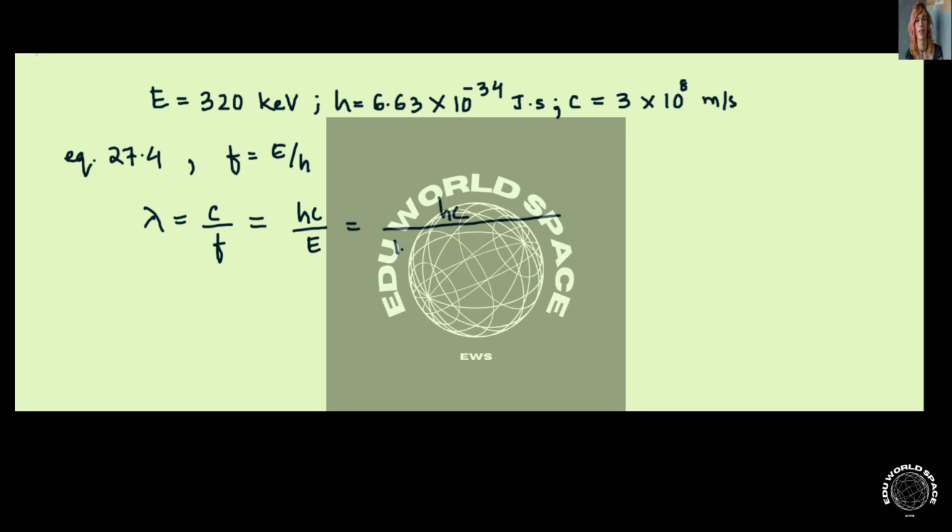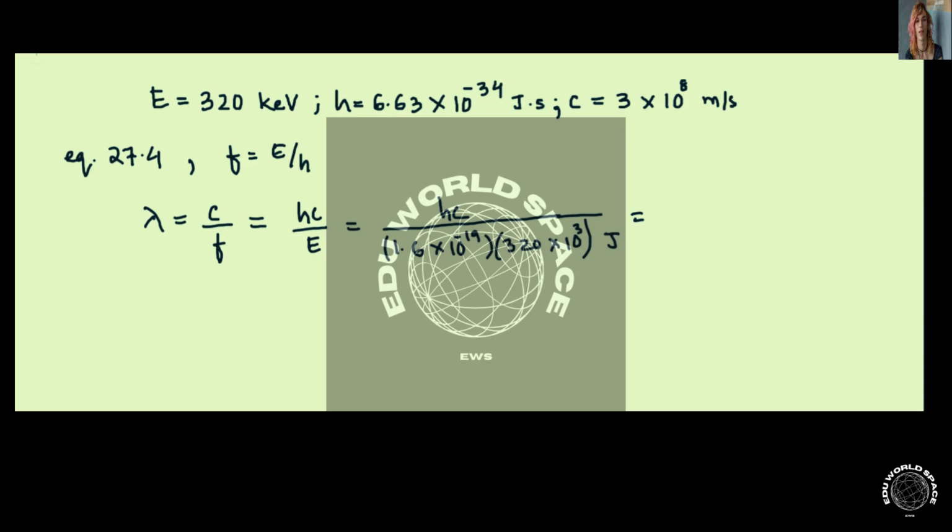So 320 kilo electron volt will be 1.6 times 10 to the power minus 19 times 320 times 10 to the power 3. The 10 to the power 3 comes from the kilo here, and this much joules. h is the Planck's constant and c is the speed of light.